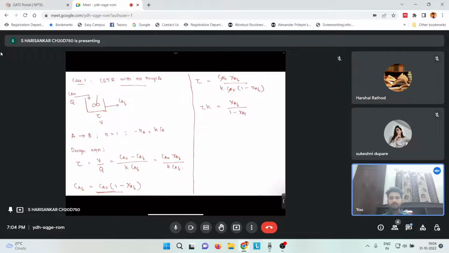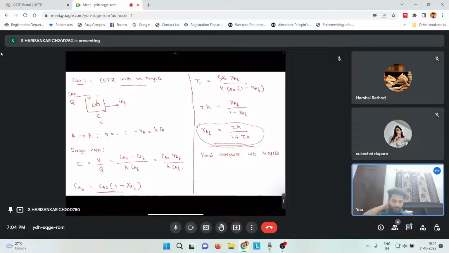And if we rearrange this a bit more, we can get XAF is equal to tau k by 1 plus tau k. So this is the final conversion without recycle.